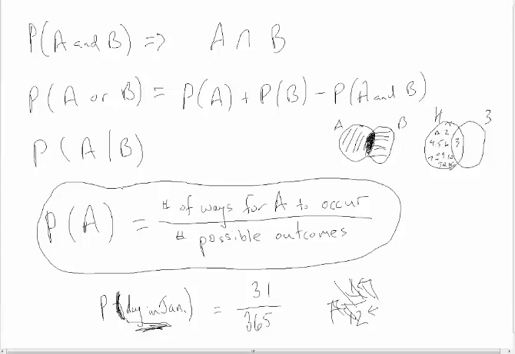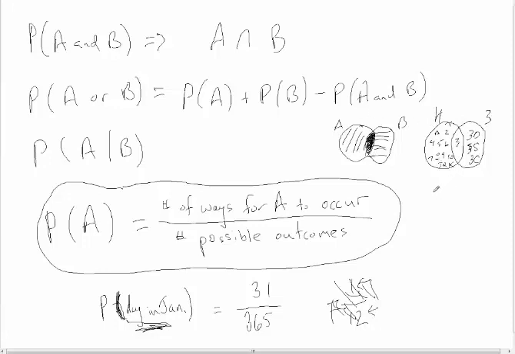So we've got the 13 heart cards, including the 3 of hearts. And then the threes, we've got the 3 of diamonds, the 3 of spades, the 3 of clubs.